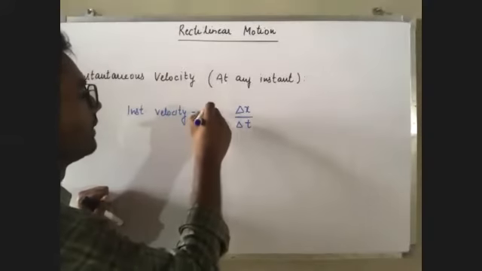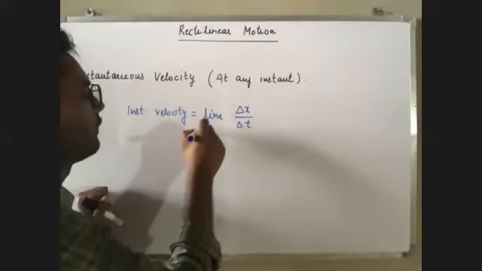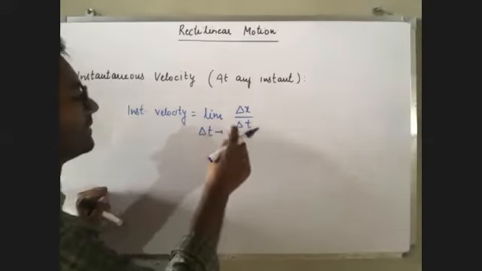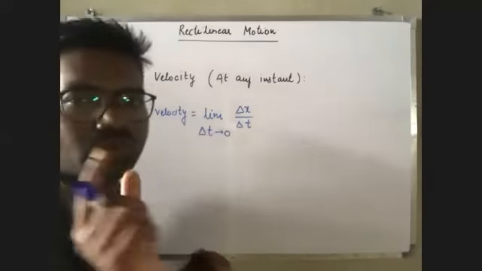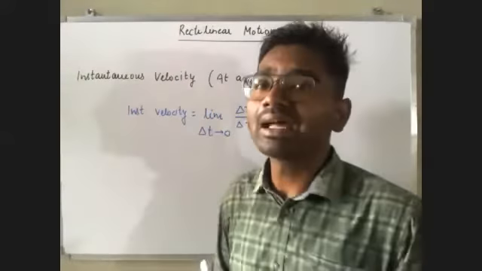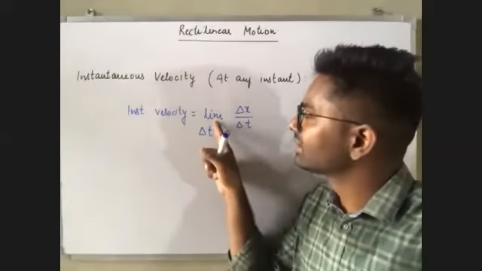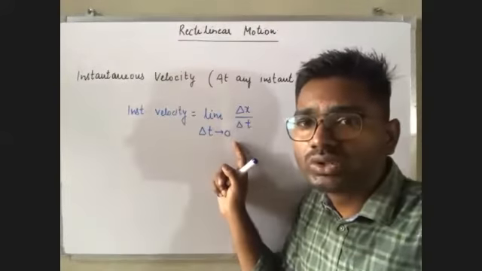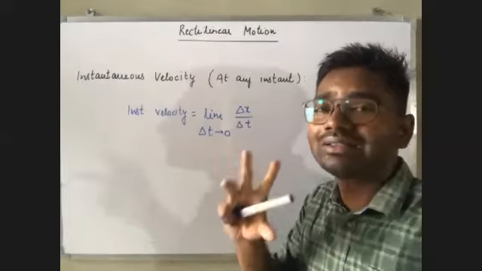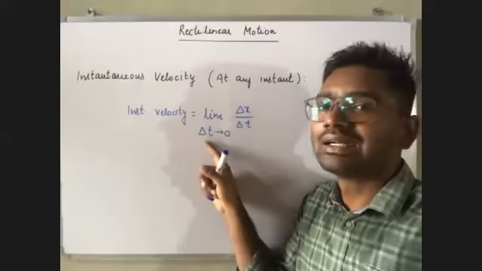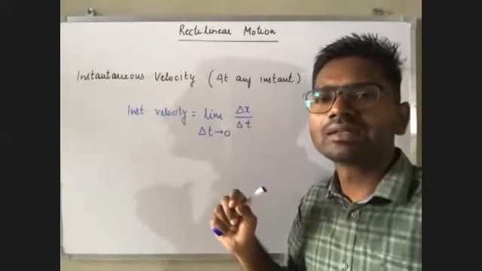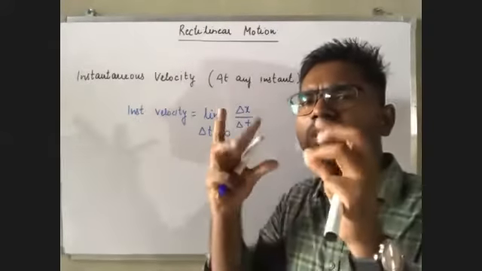Now, suppose I want to represent that this time interval is going to be very small. For that we use the representation limit. Limit delta t tends to 0 represents that the time interval is going to be nearby 0.